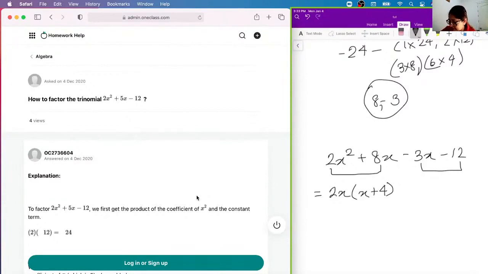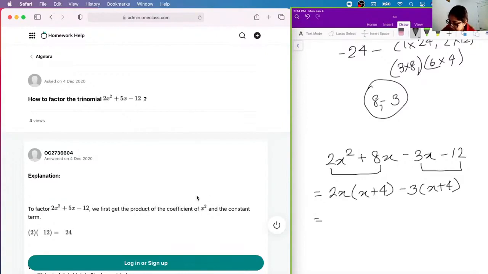Or we can take common here, we can take out a 3, since 12 is divisible by 3, so you have minus 3, and you're left with x plus 4. You can check this by FOILing also, and you can check if it gives you the top expression, which it will in this case.